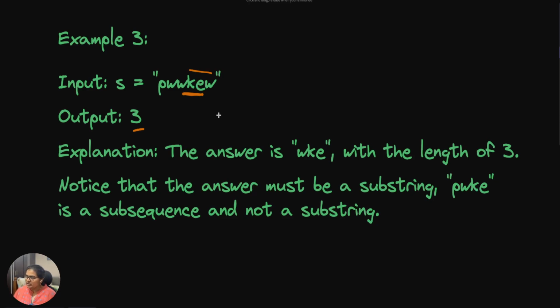Okay, so let's look at the algorithm to solve this with an example. Let's take the same example, P W W K E W. Now let's take two pointers, start and end. Let's say this is start, this is end.